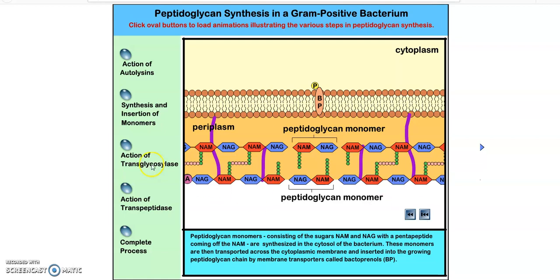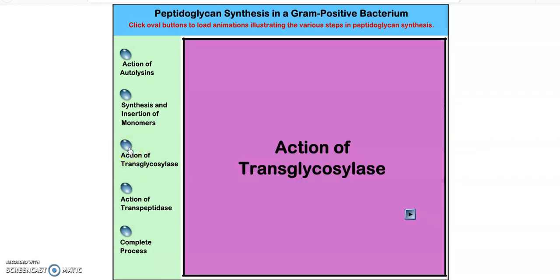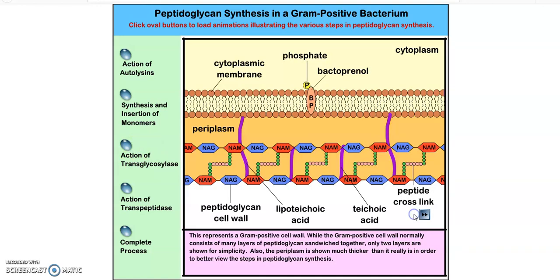So that's the activity of another enzyme, transglycosylase. Transglycosylase is an enzyme that's going to come in and restore those glycosidic linkages. Trans means across and glyco means sugar, right?